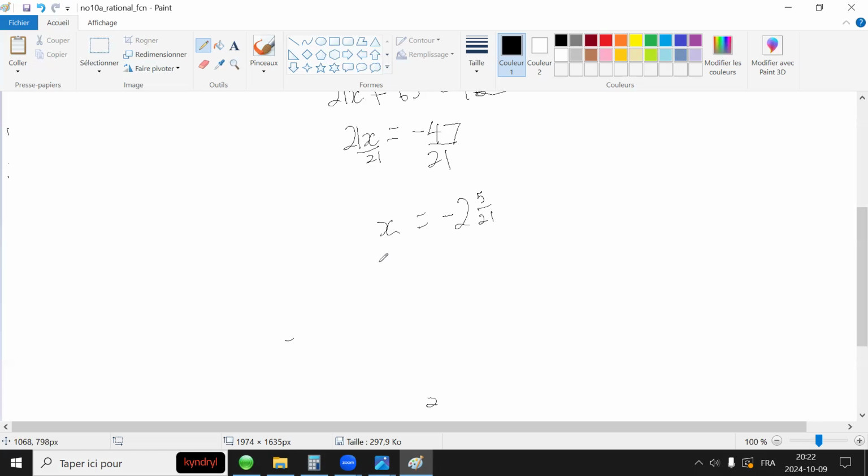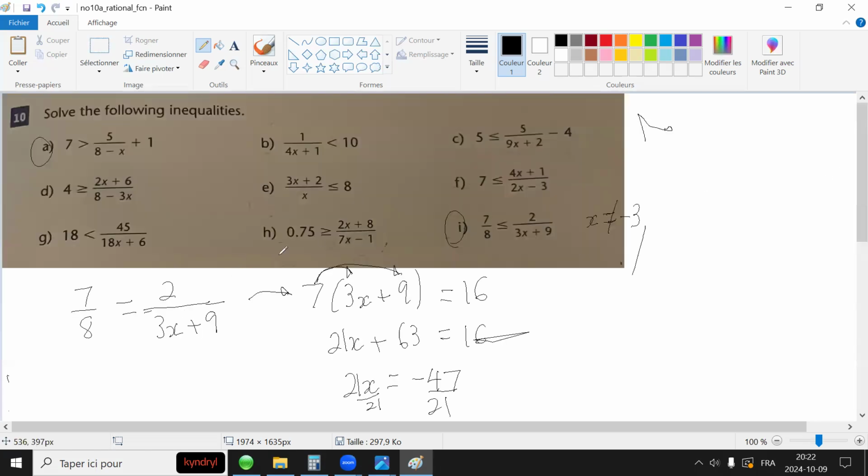Since I didn't divide by any negatives, there's no change in the sign. But one thing I did was switch the x to the other side.